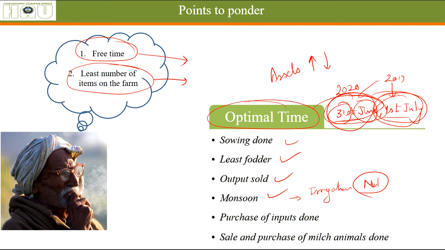Water is available, it is pouring down. Purchase of inputs is mostly done. The crop is standing right now, and you are just waiting for the crop to pick up its growth. Sale and purchase of milch animals is done. In this period, most of the animals are dry, and sale and purchase has happened already.